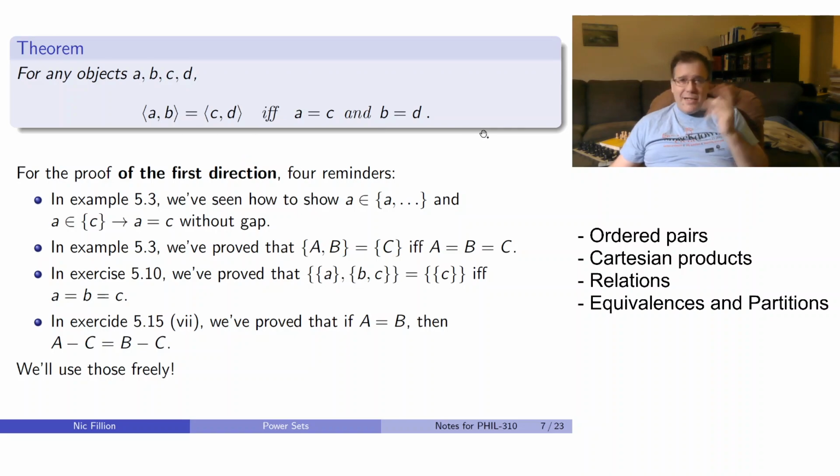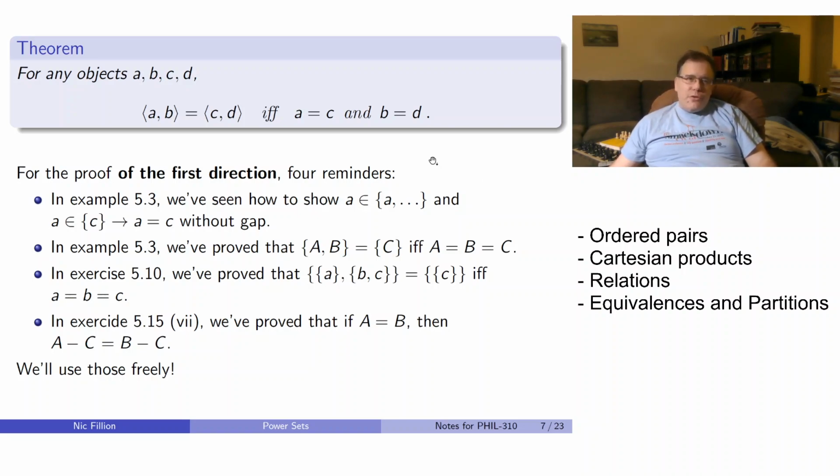Okay, that's the idea. That's what we're going to try to prove. And that's really the only important thing that we need to know about ordered pairs. So we're going to prove that. It's going to be long. It's going to be annoying. It's probably the most annoying theorem of this entire course. Okay, we're going to prove that, and then we're never going to return to it.